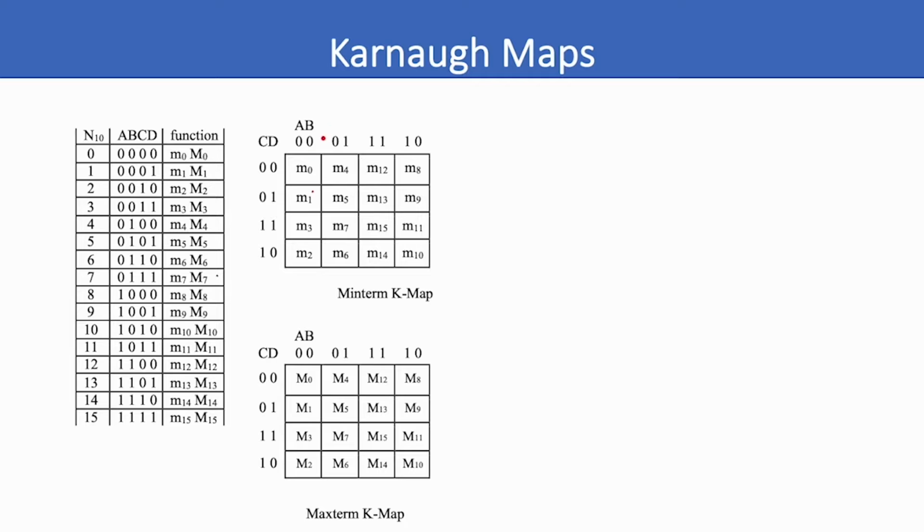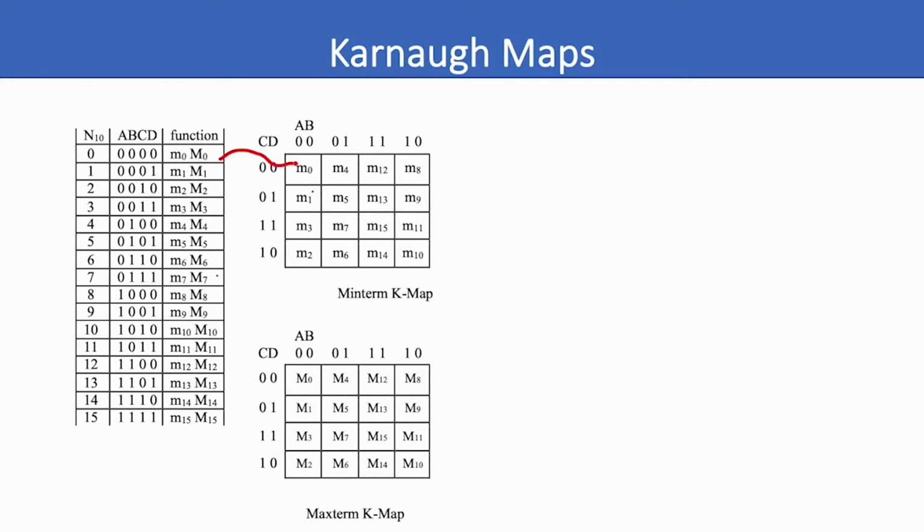Okay, and in fact, you can look at any two cubes here. This cube to this cube, this cube to this cube, and any two cubes on here, they're all adjacent. What I did was I showed this Karnaugh map with respect to which standard sum of product forms, or minterms, are represented by each cube, each location.